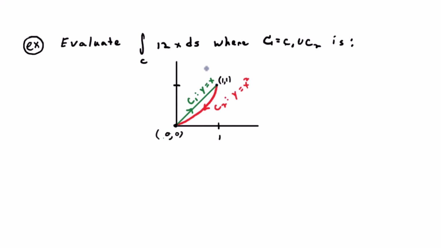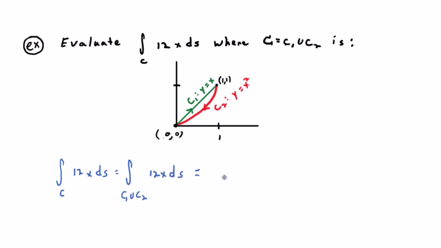So I haven't proven it, but it shouldn't come as a big surprise that a line integral with respect to arc length is additive over whatever set you're integrating over. So here's something I'm going to state without proof: the line integral over C of 12x ds is the same as the line integral over C1 union C2, which is what C is equal to.